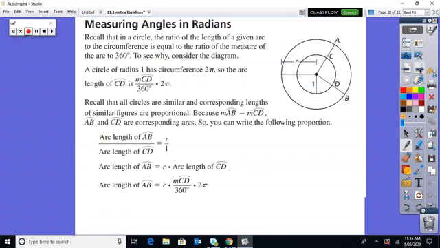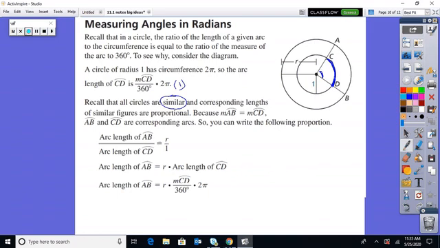So the arc length of CD in this little picture is the measure of the central angle at CD over 360 times 2 pi, since r would just be 1. Recall that all circles are similar, and corresponding lengths of similar figures are proportional.